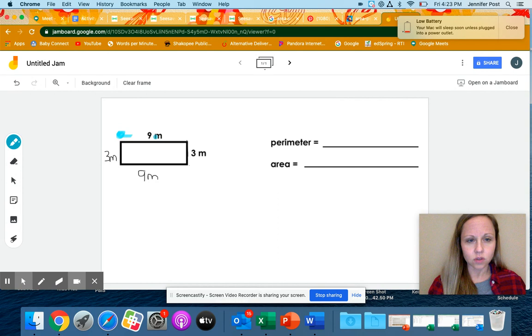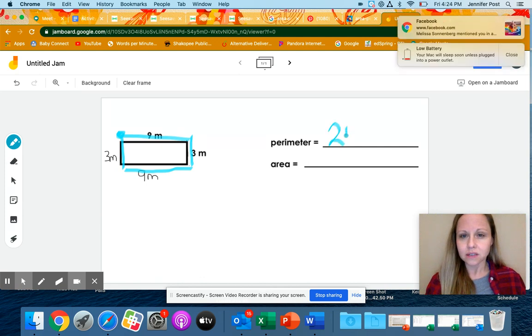So I'm going to go 9 plus 3, that's 12, plus 9 more, that's 21, plus 3 more is 24. And I reach my dot, so I know I added up all the sides. So I know that the perimeter of this rectangle is 24. And don't forget, you need a label. So we have 24 meters.